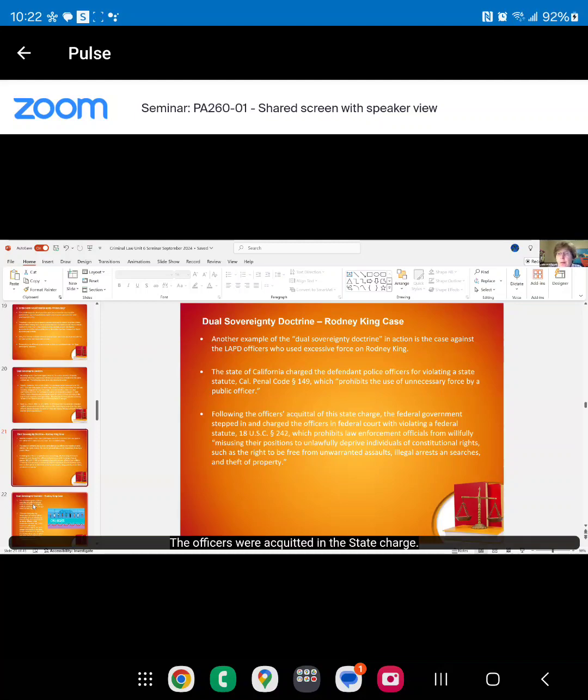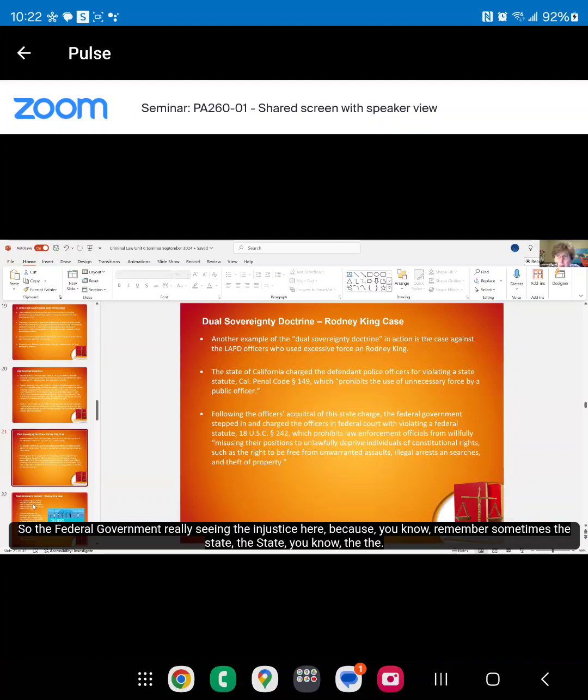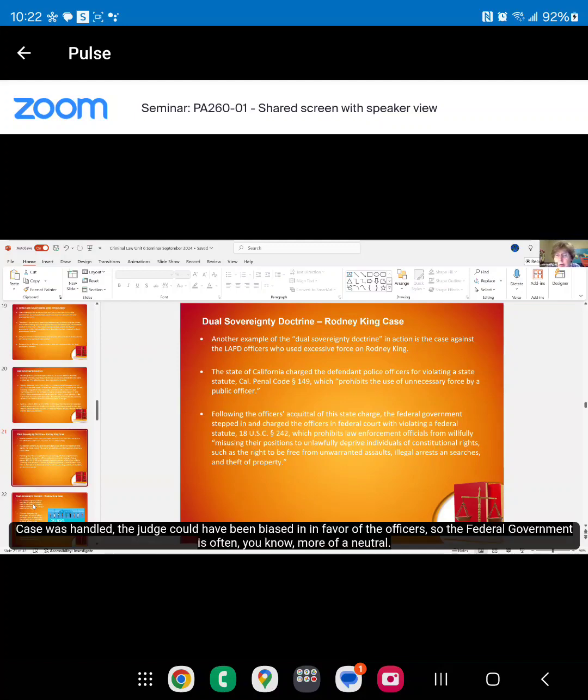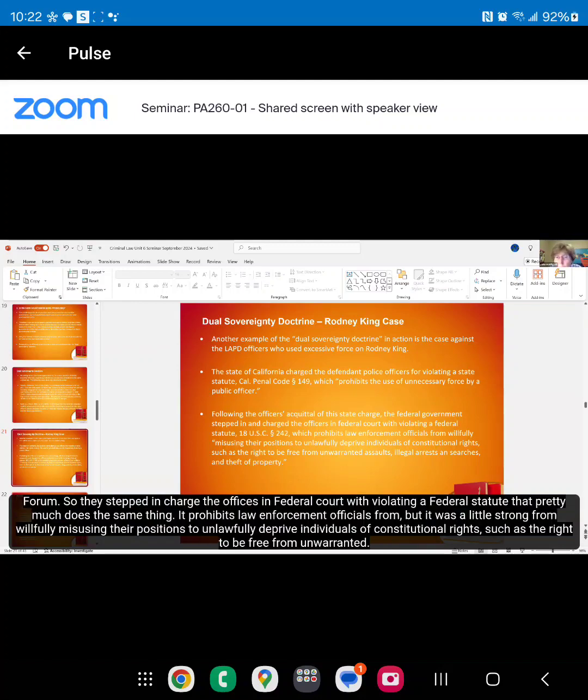So the federal government, really seeing the injustice here, because remember sometimes in the state, the way that the case was handled, the judge could have been biased in favor of the officers. The federal government is often a more neutral forum.